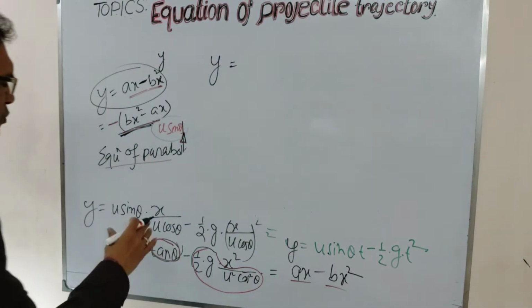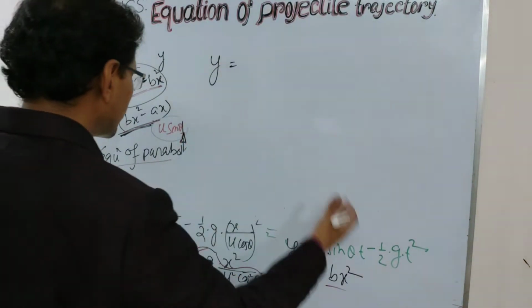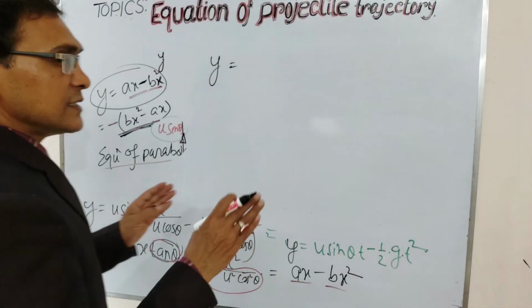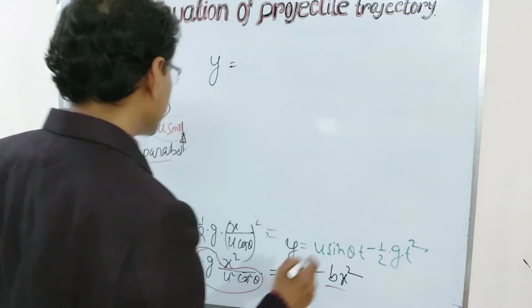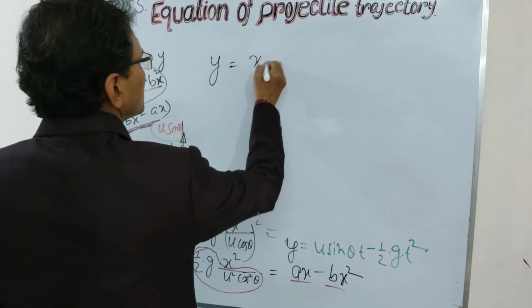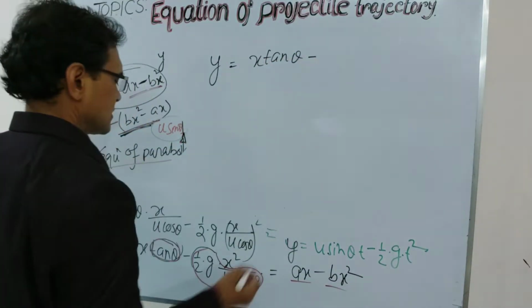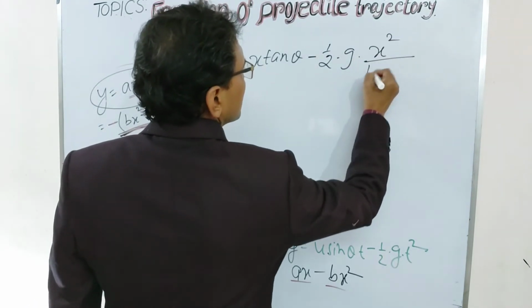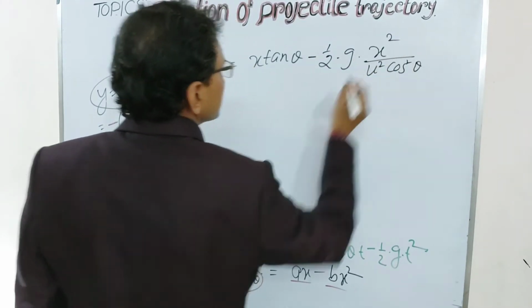If we want to write this parabolic equation in terms of range R, y equals this.